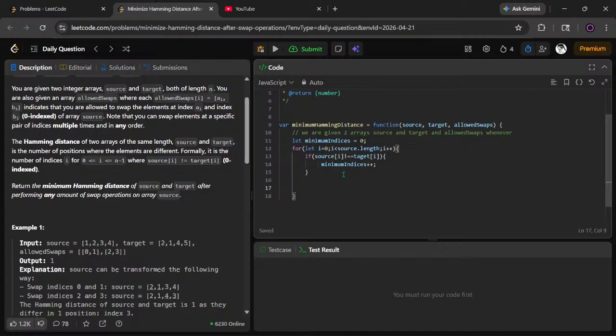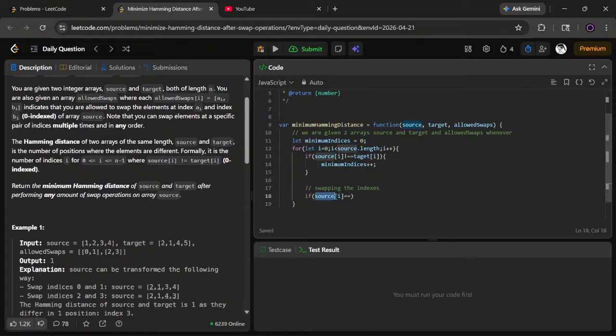Swapping. Whenever an allowed index is there, only then we have to swap, right? If source of i equals... can't I do it here itself?